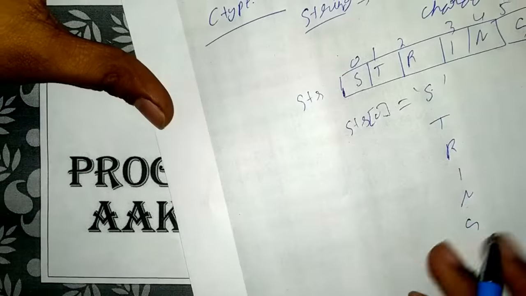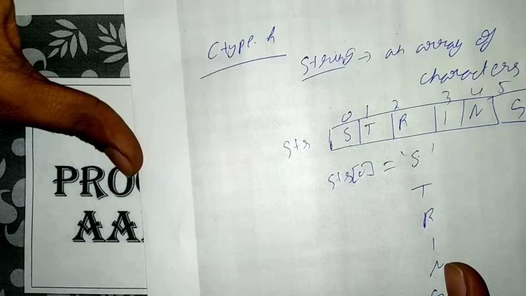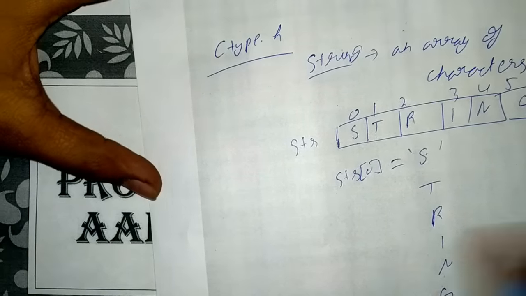So in ctype.h we have some character related functions.